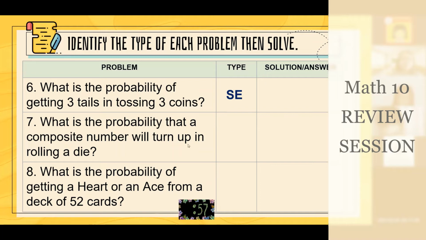Nilagyan ko na ng ano. What is the probability of getting 3 tails in tossing 3 coins? So it's simple. It's simple event lang. Okay, give your answer. Let me see. Violet, what is your answer in number 6?